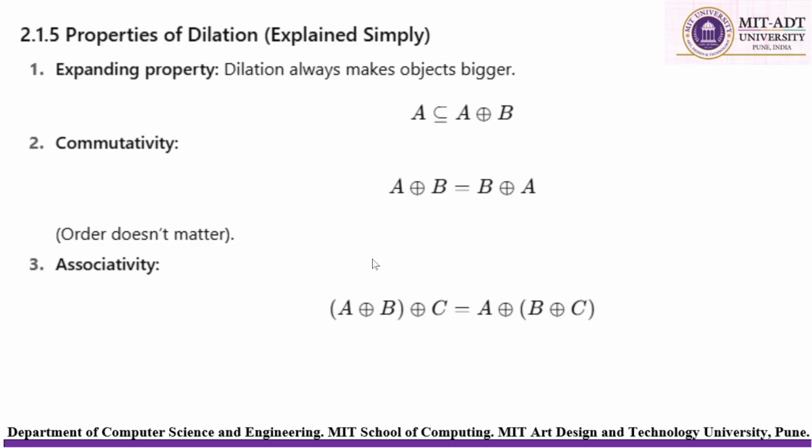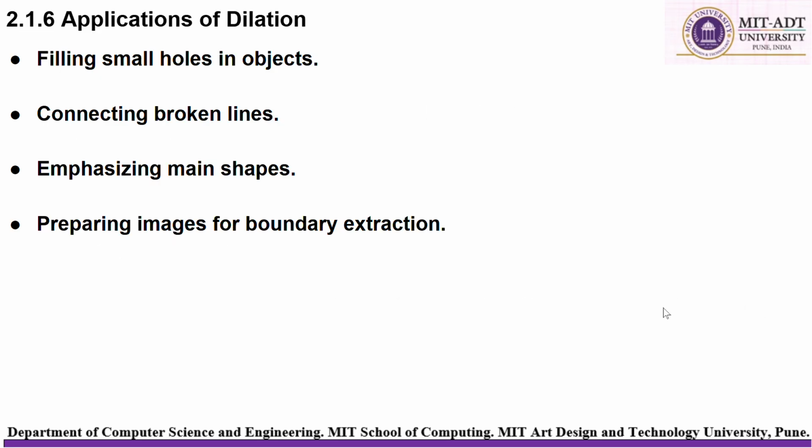So A XOR with B or B XOR with A, you will always get the same result. Associativity property: A XOR with B, you first do this XOR and then you XOR the result with C. This will be equal to the XOR of B with C and then the XOR of A with that result. It will remain the same.